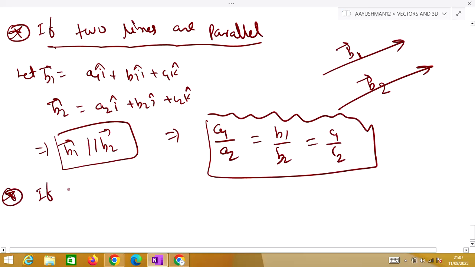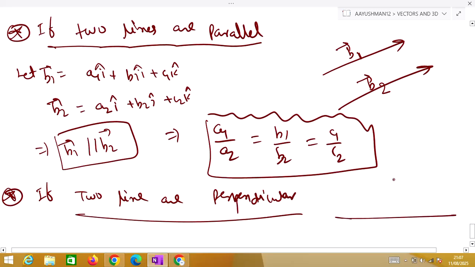Second, if two lines are perpendicular, then their dot product will be 0. Suppose this is the line L1, this is the line L2, with direction vector b1 here and b2 here.